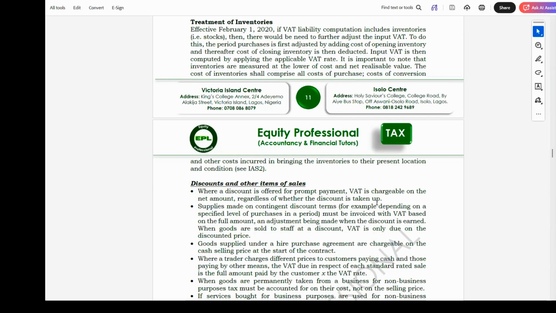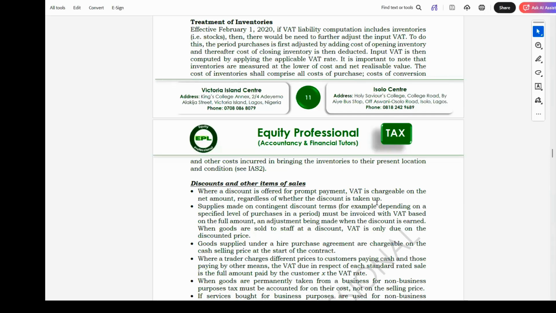So when you are calculating the VAT, if that person is able to purchase up to that level, the VAT will also be based on the discounted price and not on the normal price.